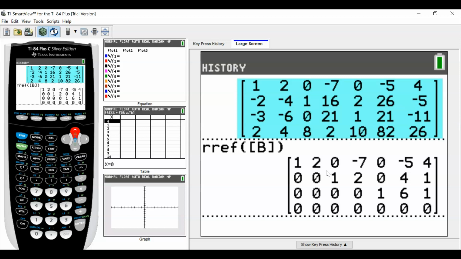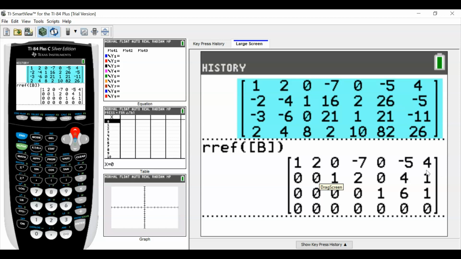And we can see that the free variable columns, numbers 2, 4, 6, and 7, represent free variables in the solution to the homogeneous equation.